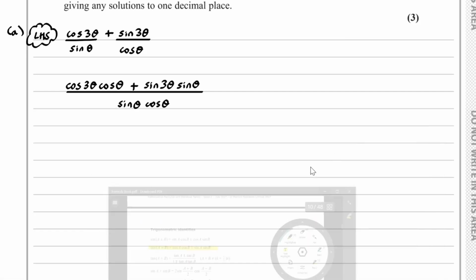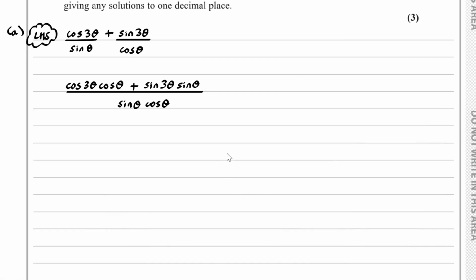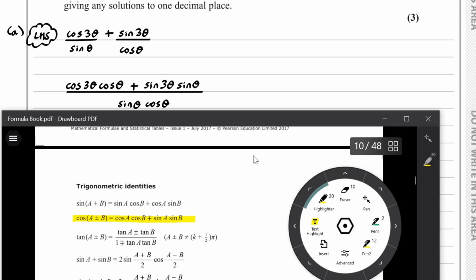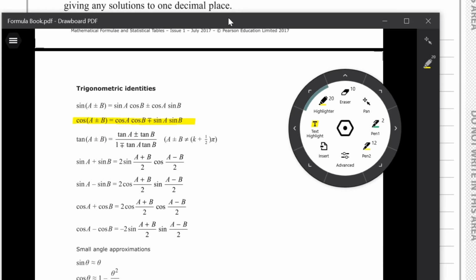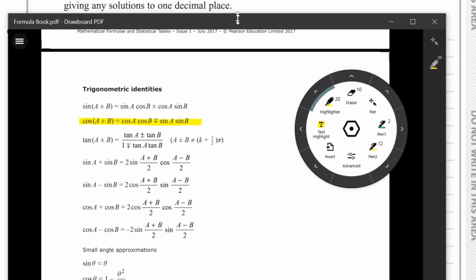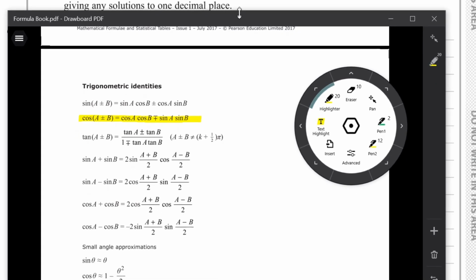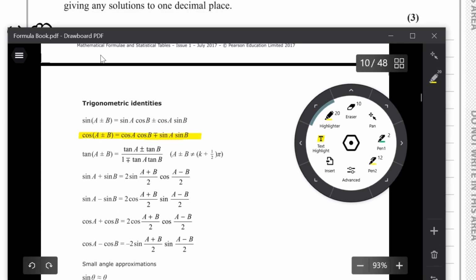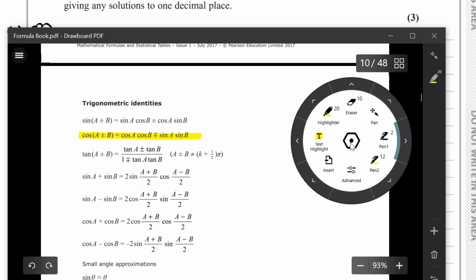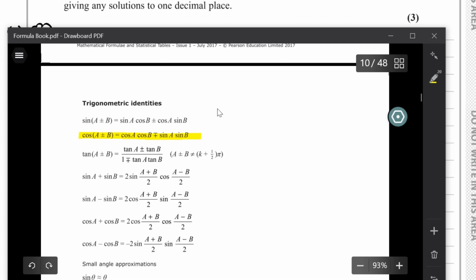So therefore on the top we have cos of 3 theta minus theta, and on the bottom, hopefully you can recognize we have our standard double angle formula, sine of 2 theta.